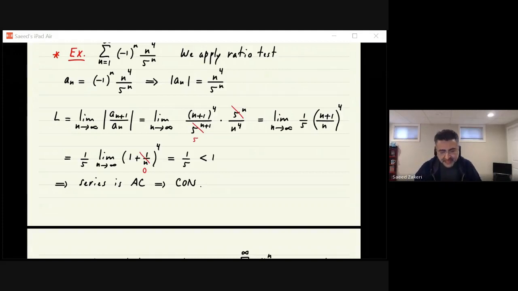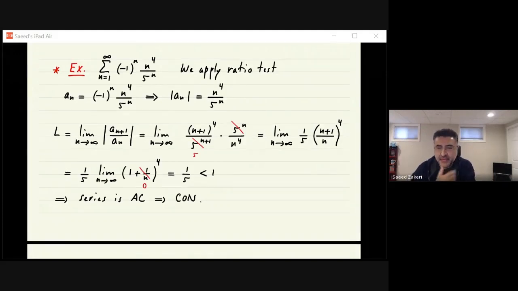So the advantage of applying the ratio test here, as opposed to the alternating series test: if you wanted to do the alternating series test, the Leibniz test on this example, you would have to actually show that this sequence, n to the fourth over 5 to the n, is eventually decreasing and it goes to 0.